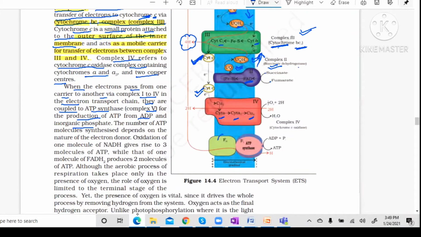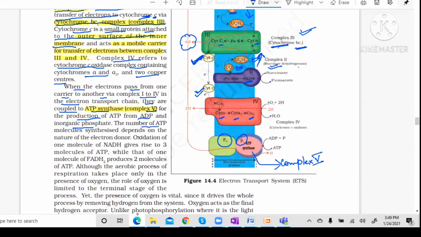This is your F0 particle, this is your F1 particle. I hope you are able to understand my diagram. This is your complex 5, which is in the head. It is having an enzyme, that is your ATP synthase. So what is complex 5? ATP synthase. This is your complex 5.